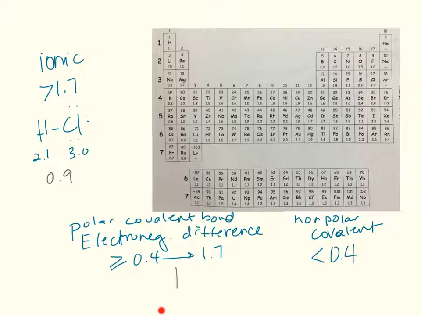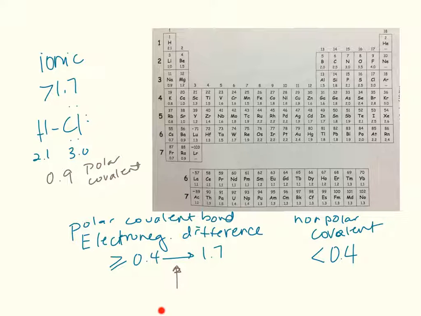And so that would fall in here, and so we could classify it as a polar covalent. Now sometimes you have to use your reasoning on this. If you get a value of 1.7 and you're not sure if it's polar covalent or ionic, you look at the atoms. And so if you have a metal and a nonmetal, then you can classify it as ionic.